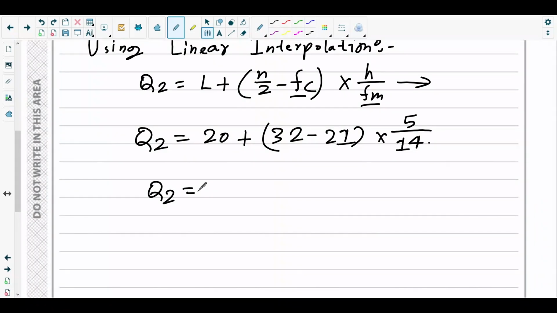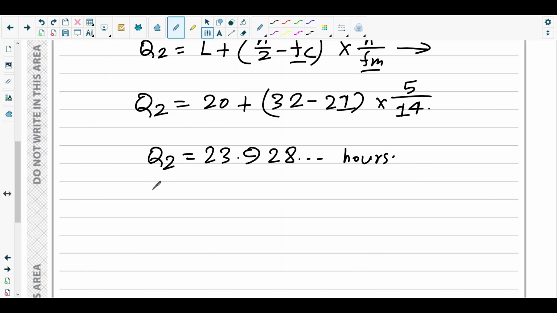Okay, so what will we get here? 32 minus 21 times 5 over 14 plus 20. That is basically 23.928 something. Okay, hours. Median is basically the time.